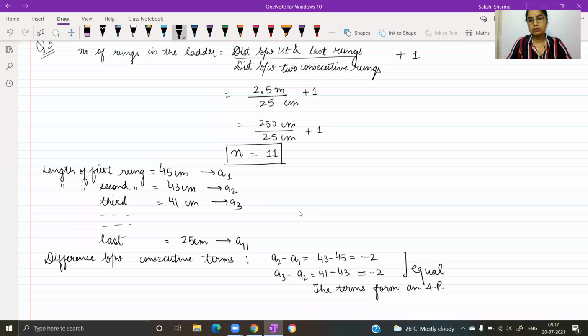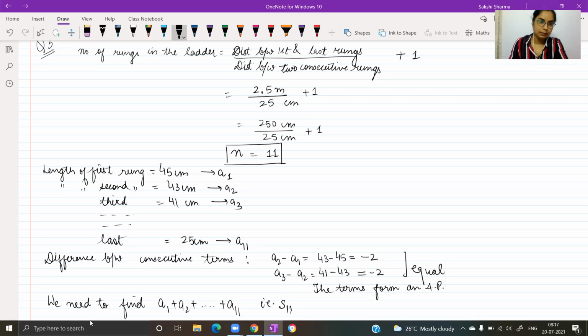and we require to find out the sum of all these lengths. So apply the formula and find out the answer.